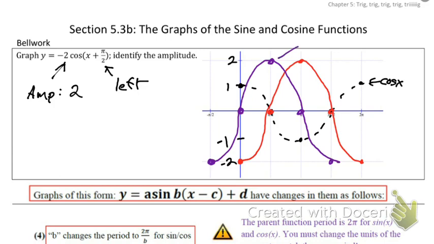And that purple one is the final. That is my final one. It is flipped. The amplitude's 2, and it got shifted left pi over 2 units. Does anyone disagree?